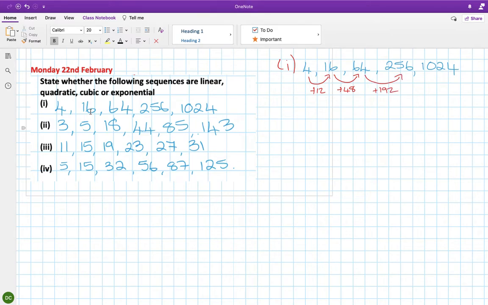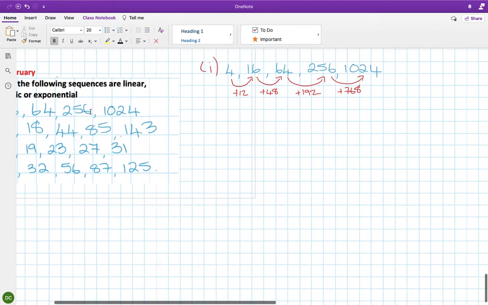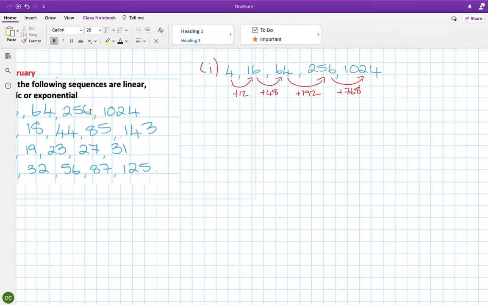And then 1024 minus 256, so that one is plus 768. Okay, so we do not have a common first difference. So that means that the sequence is not linear.